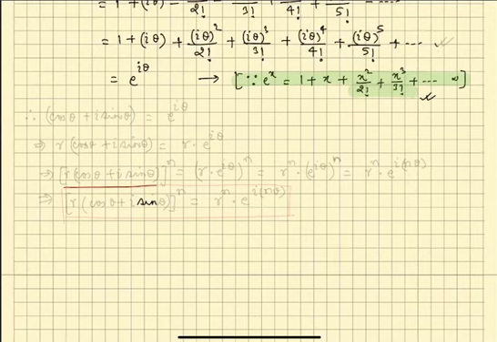So what did I find? I found cos theta plus i sin theta can be written in the form e to the power i theta.